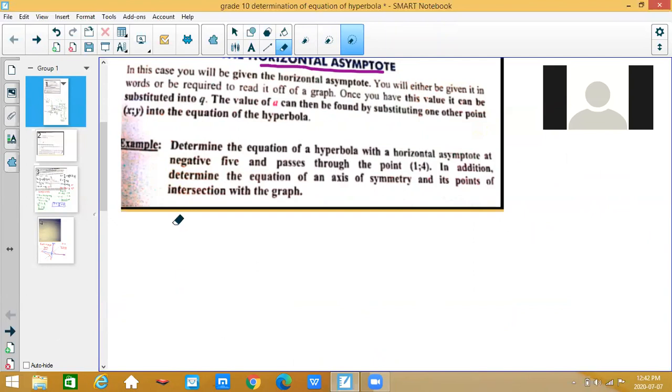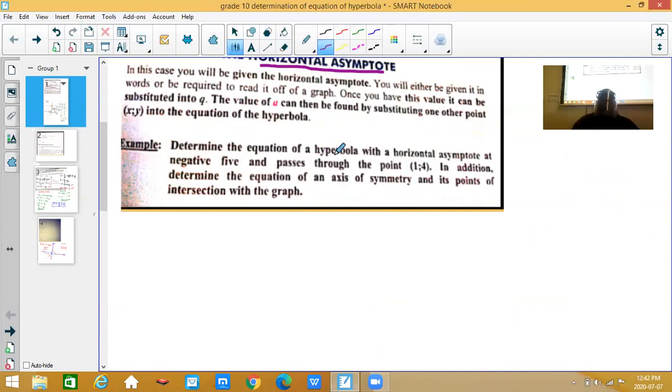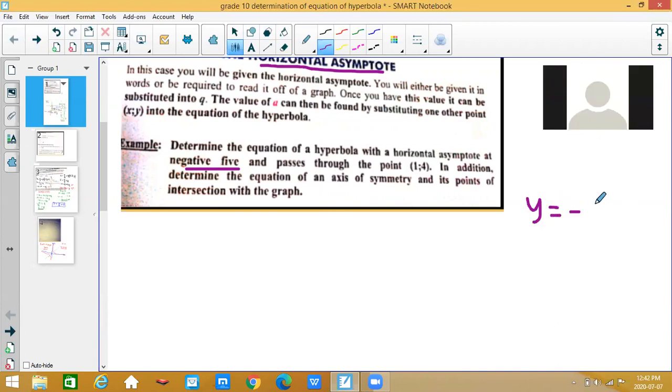They are saying, determine the equation of the hyperbola which has a horizontal asymptote of -5. What does that mean? On the horizontal asymptote, it means to say y is equal to -5, right?